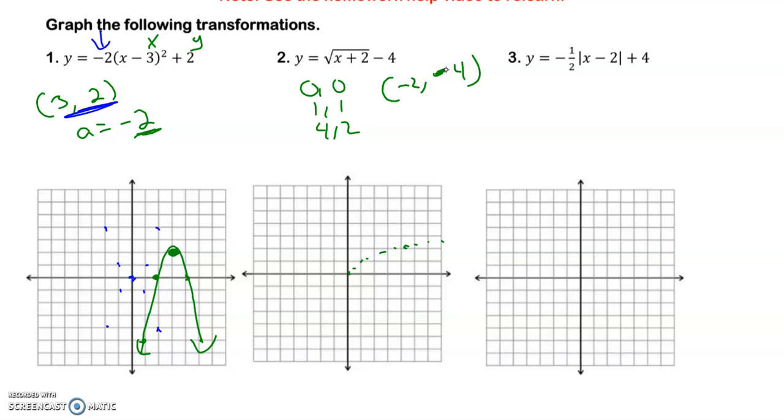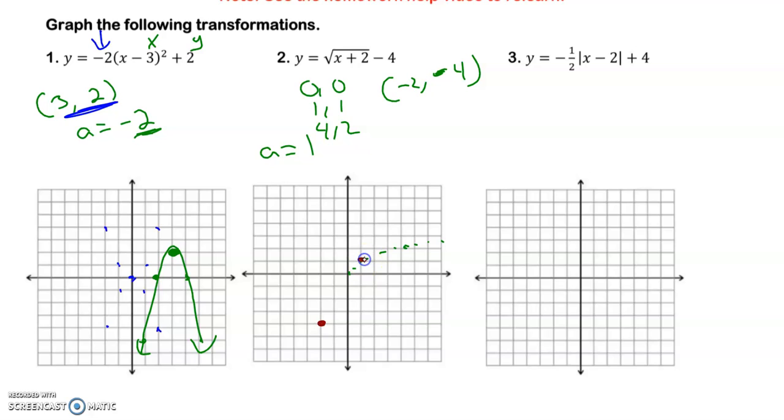I also know that my slope would be a, and a would be 1. So in this case, I need to move this point 2 places over, 1, 2, and down 4. 1, 2, 3, 4. Put this dot here.